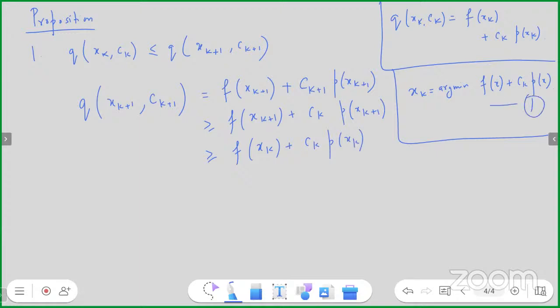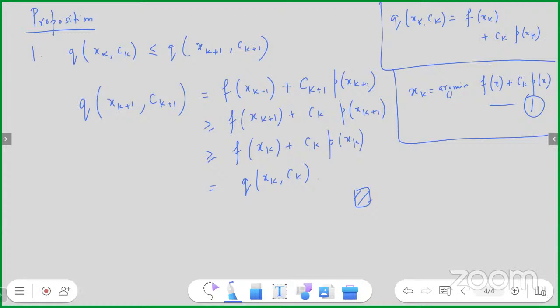Because this is the optimizer, any other point, the valuation has to be larger. And what is this term? It is nothing but q of x k. As I said, all these four propositions I'm going to write are elementary.